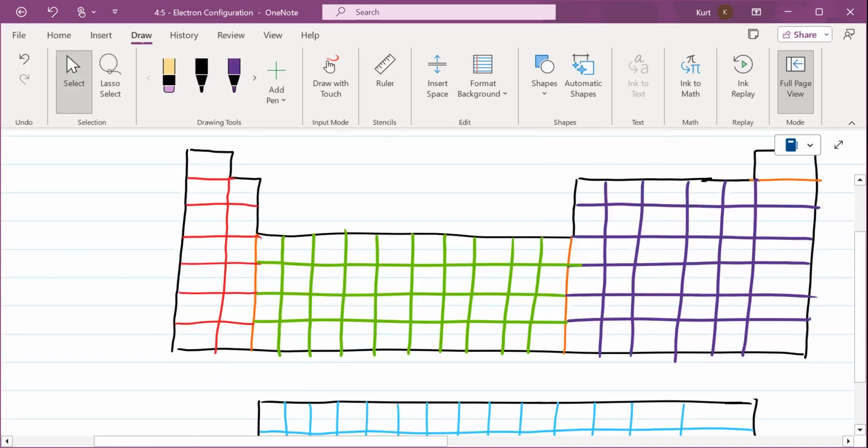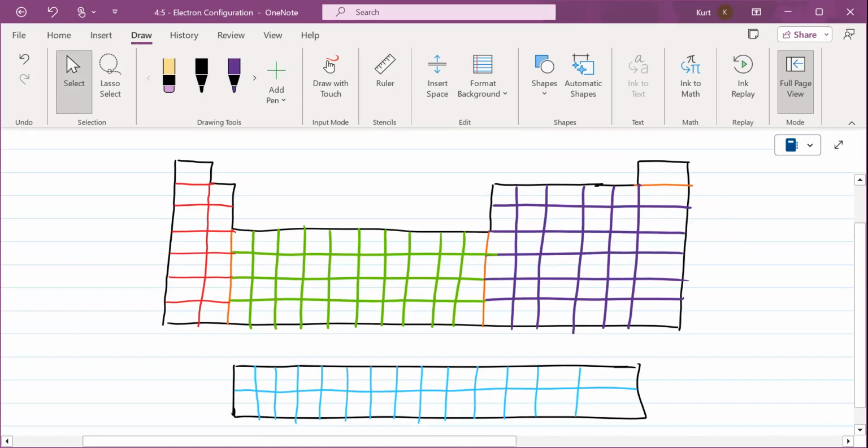So at the end of yesterday's class, you made this. If you have highlighters out, get them. If you don't have highlighters, improvise. Every section of the periodic table, I've colored. I have red, green, purple, and blue. These sections are using letters.